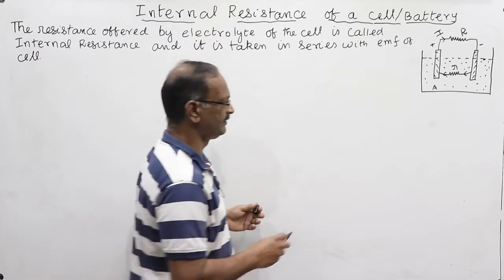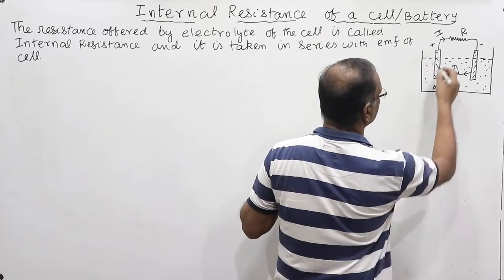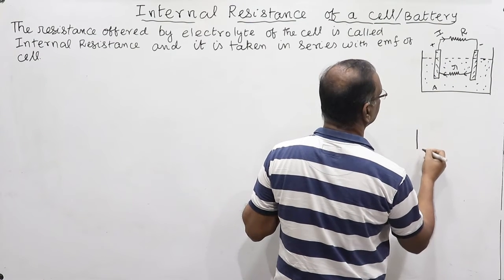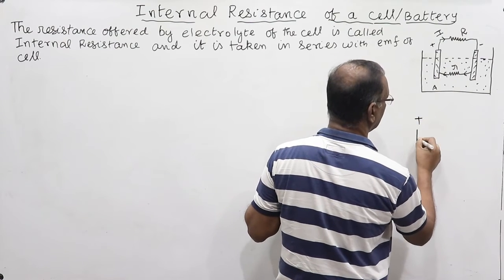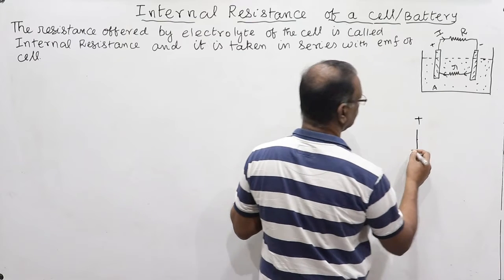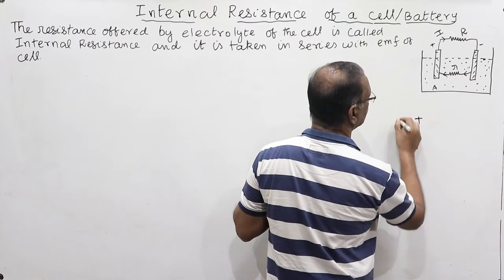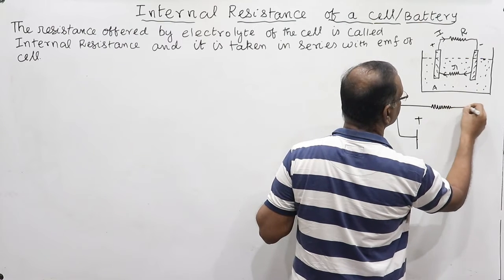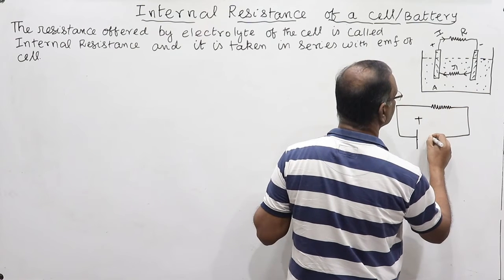Now this can be represented symbolically like this. The anode can be represented with a big terminal since it is the positive one, and from the anode we connect a load resistance, or external resistance.